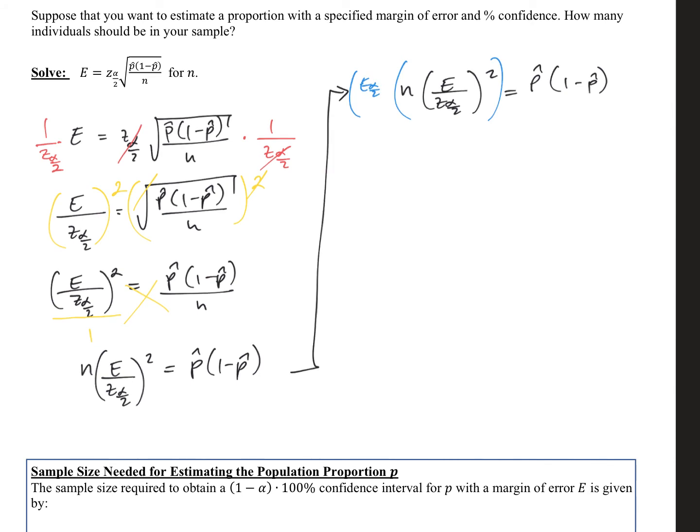Let's rewrite that. A lot of little symbols going on here. z alpha over 2 over e, squared. Okay, these cancel each other out. And we're just left with n on one side: p-hat times 1 minus p-hat times z alpha over 2 divided by e, all squared. And there we go. We have the formula for finding the sample size.